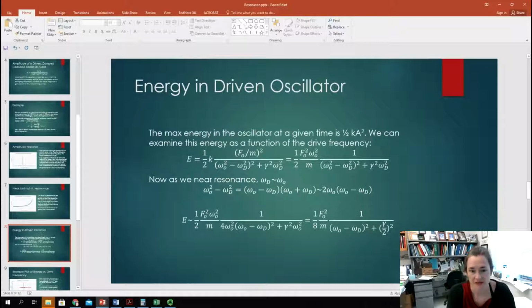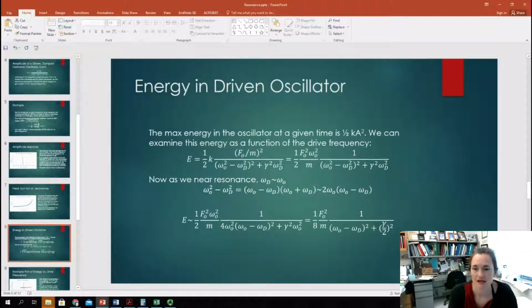Now you can expand that, simplify that, and write it as omega naught minus omega d times omega naught plus omega d. Now, here's where the approximation comes in. If the drive is close to the angular frequency, then that omega naught plus omega d is approximately 2 times omega naught. So I can write that out front. And then I have omega naught squared minus omega d squared is 2 omega naught times omega naught minus omega d.